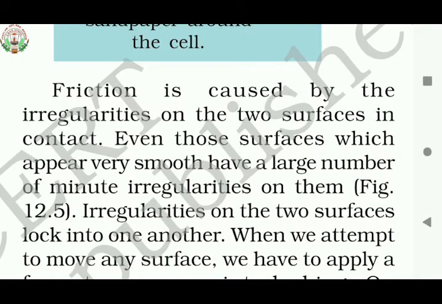Now, what is the reason for friction? How it is caused? It is caused by the irregularities on the two surfaces in contact. The friction arises when two surfaces come in contact. It is because of the irregularities on the two surfaces friction is caused.